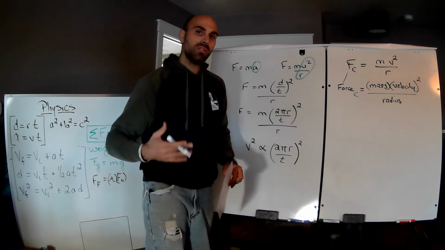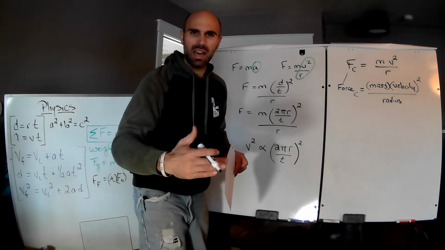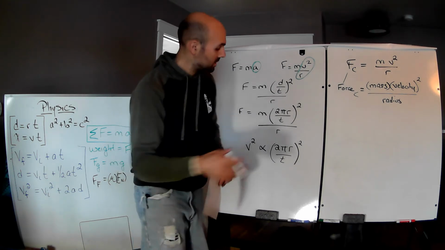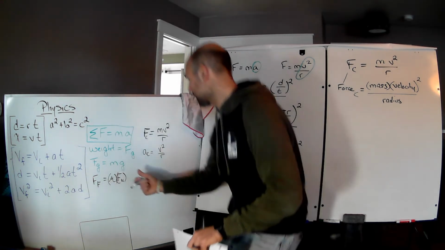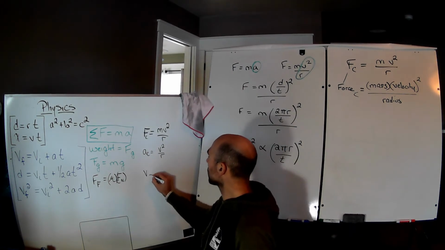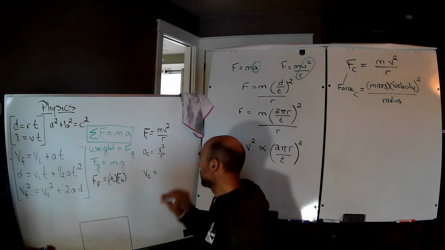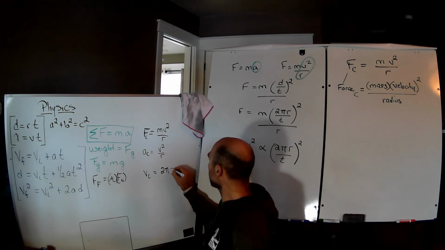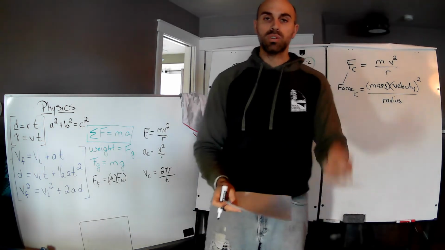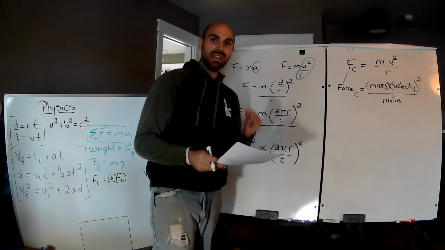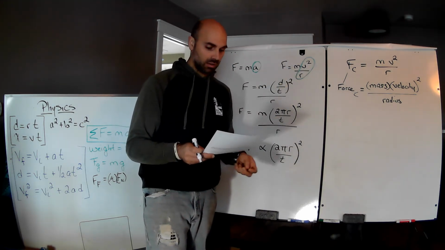So if you ever had to find a circular velocity, a car is moving on a circular path, what is its velocity? We could simply do 2 pi r over t. I'm going to put that over here, and we're going to say the circular velocity, I'm going to drop out the squares, is equal to 2 pi r over t. So we just have 3 circular motion equations that we derived from one, and its relationship with Newton's second law.